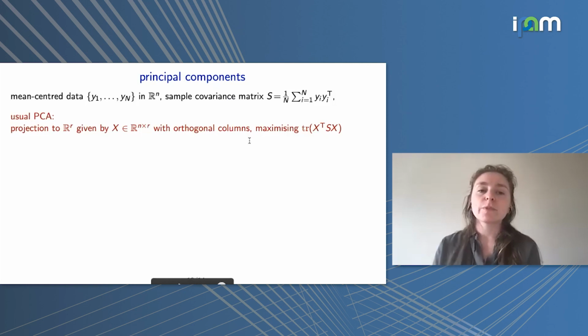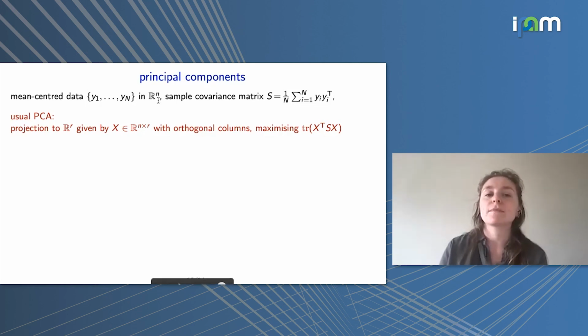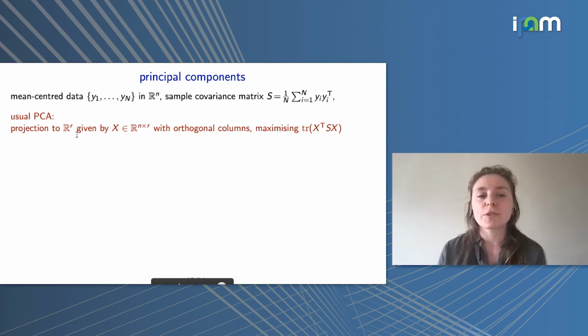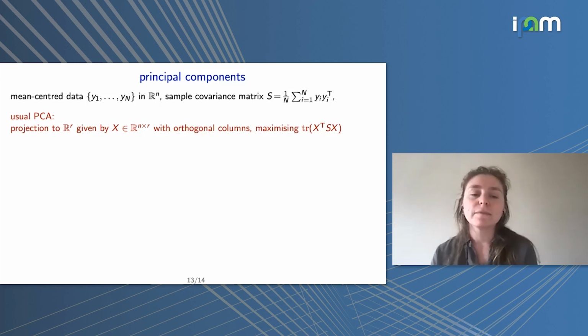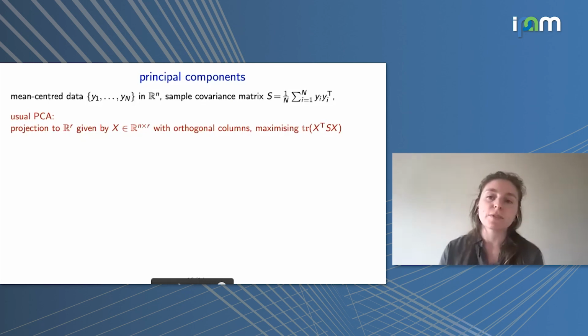So in usual principal component analysis, the idea is to project our data, which lives in some high dimensional space, so n is assumed to be quite large, to some lower dimensional space. Let's say it's r dimensional. And this projection should be orthogonal. So it's given by a matrix X of size n by r, and the r columns should be orthogonal and are chosen to maximize this trace. So we want to maximize the trace of X transpose S X.